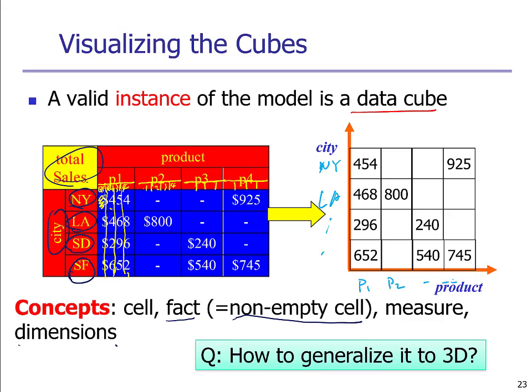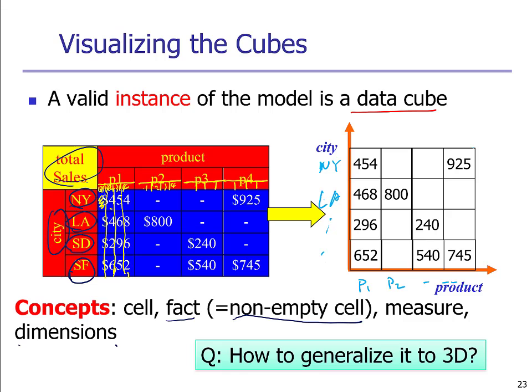Different products. Now assume for the hierarchy of city that city is the lowest level, and there are only two levels. The next level is all.